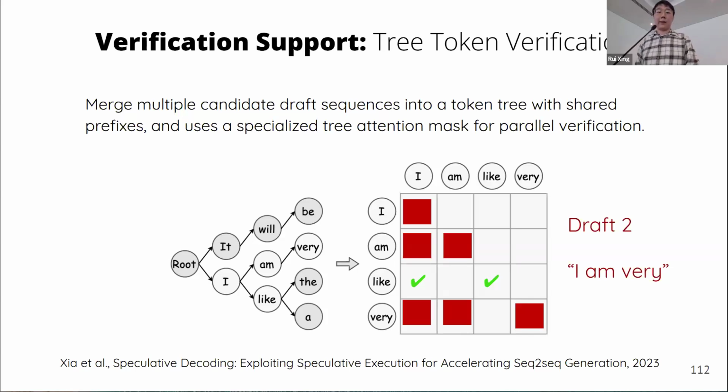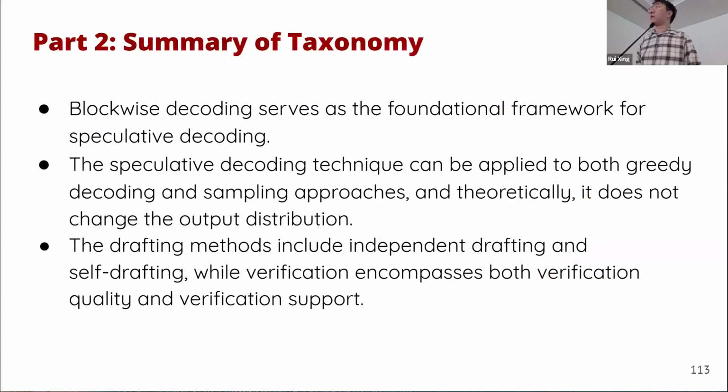That's the core idea behind tree token verification. Because they share the same prefix and are relatively independent in the following tokens, the model can use one pass to verify these two drafts in parallel. So it can accelerate the inference speed also. Okay, so here we have introduced the history of speculative decoding from blockwise decoding.